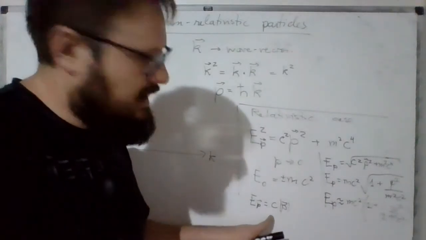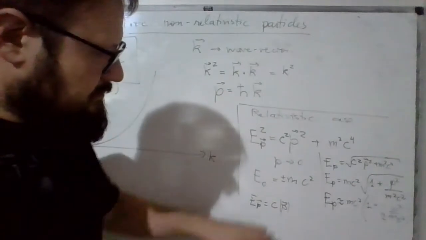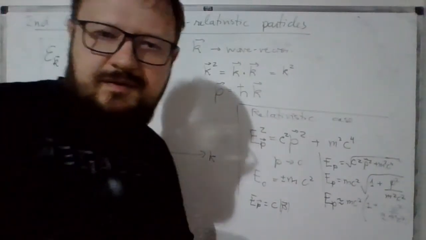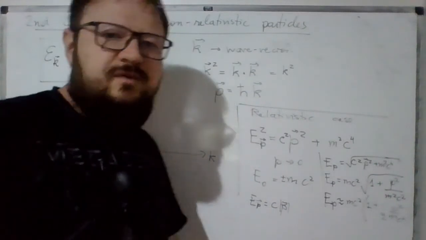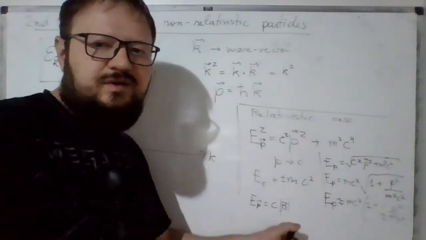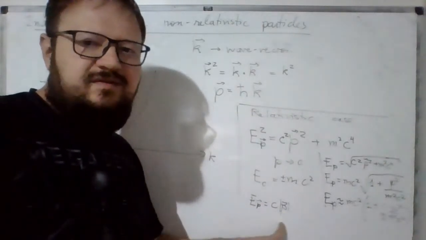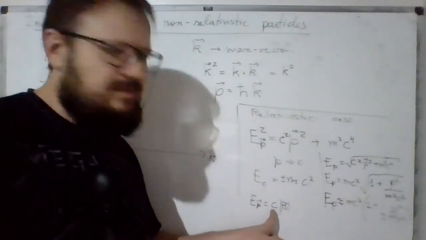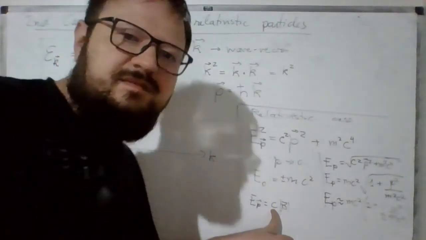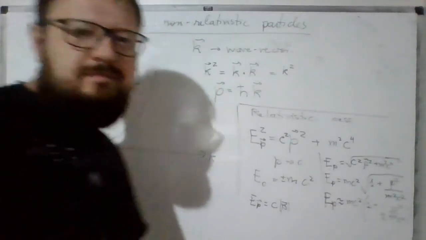Or in the case of a solid state, if you're trying to represent phonons, there are phonons which are very well represented by a relativistic relation of this type, a massless particle, but with the speed of light replaced by the speed of sound in that medium.